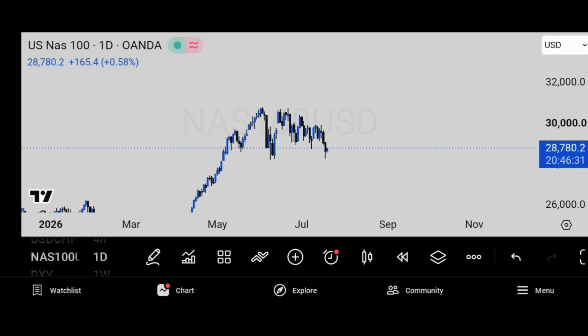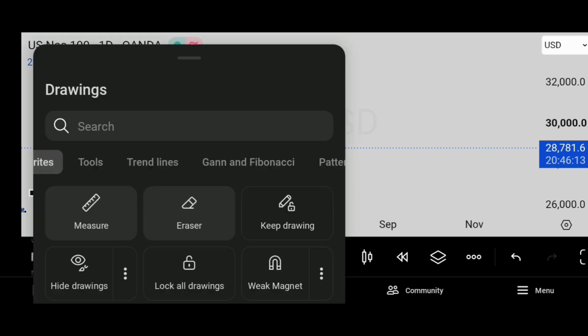So guys, I just want to give you a trade recap of how I actually caught that big sell on Nasdaq, right? Remember, I've been waiting for the sell to happen, but we just didn't know when it was going to happen, right?